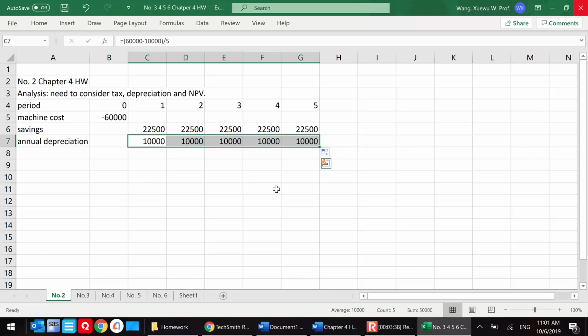Now there is the market value of only 5,000. So what does this mean to you? This means that on the accounting book, the machine is worth 10,000, but on the market, the machine is only worth 5,000. So you sustained a capital loss of $5,000. And the IRS says, I can give you a tax credit.